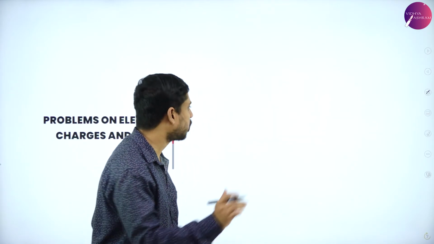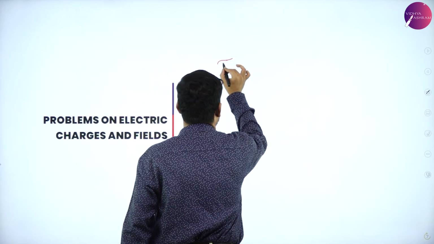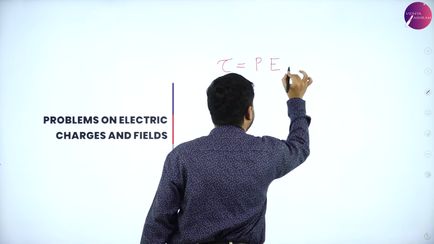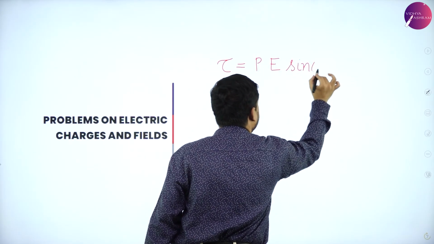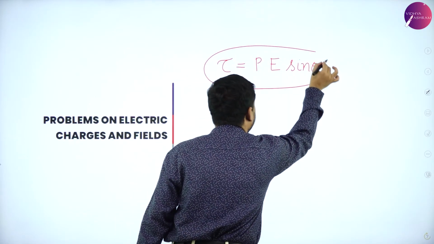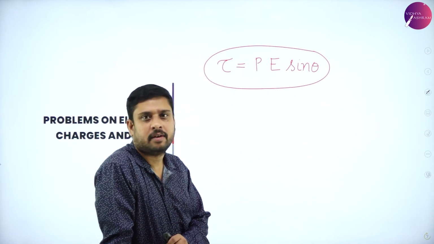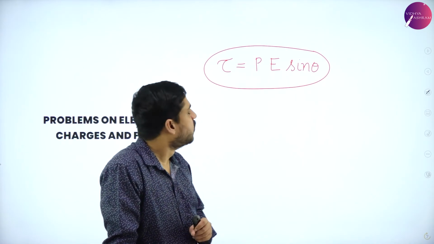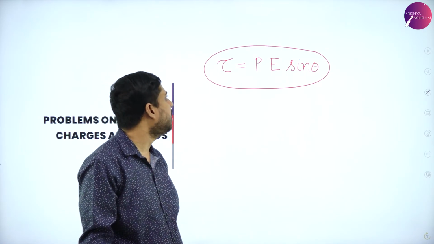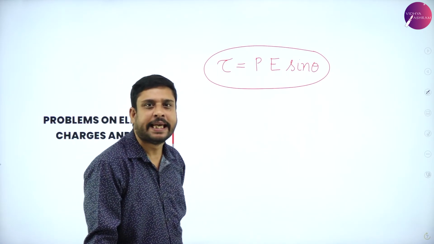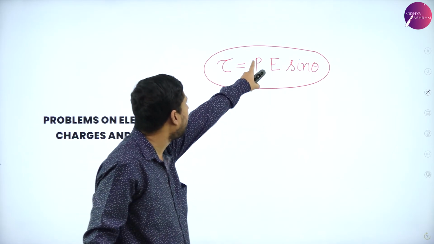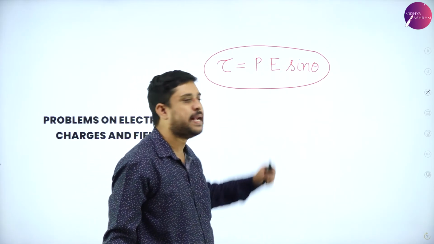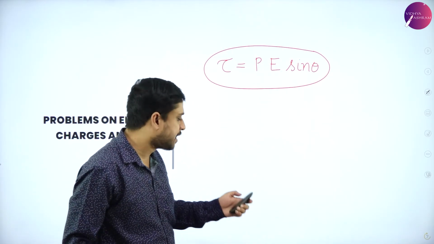What is the expression for torque, students? So tau is P E sin theta. Again, a proper glance on the chapter, a proper glance on this session. Very clearly you come to understand tau equals P E sin theta, where P is electric dipole moment, E electric field.